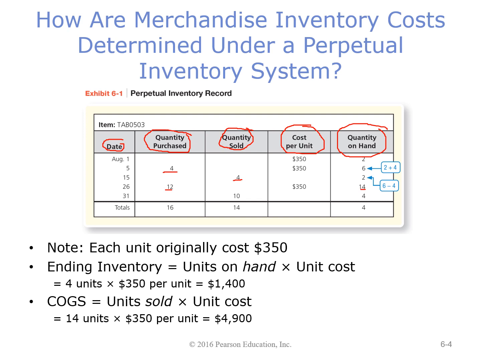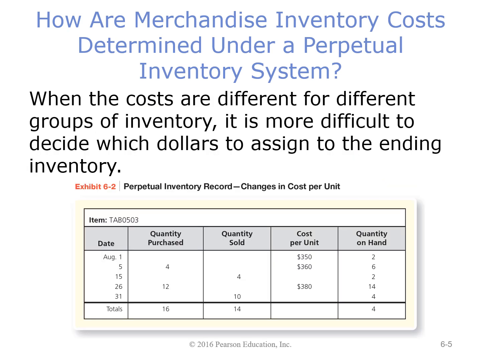The quantity purchased during the period is 16, the quantity sold is 14, and the quantity on hand is 4 units. Of course, as you can notice, each unit originally cost 350, and the ending inventory equals units on hand multiplied by unit cost, and the cost of goods sold will be calculated as the units sold multiplied by the unit cost, as we said before.